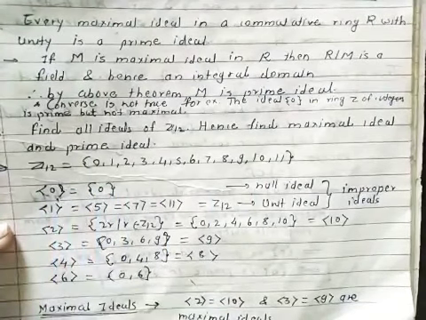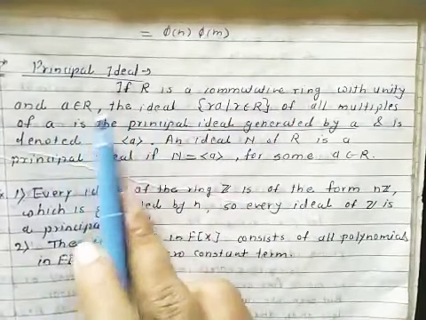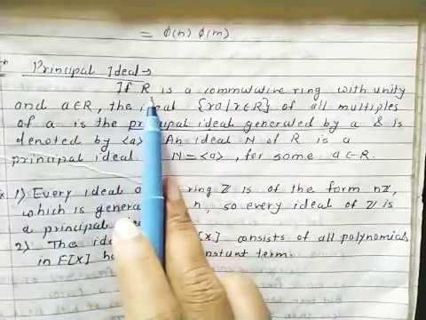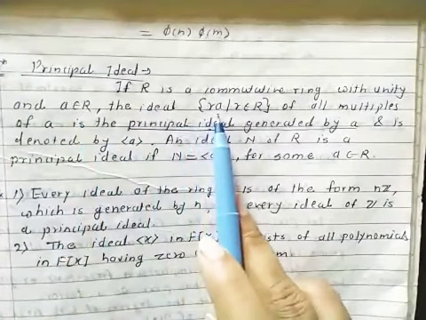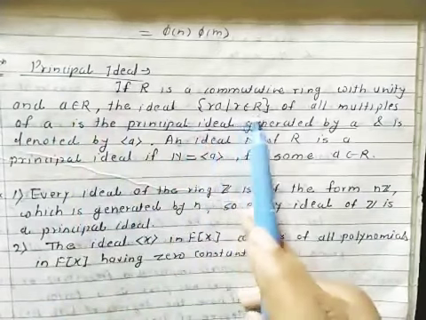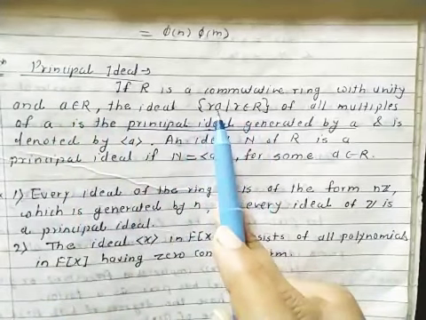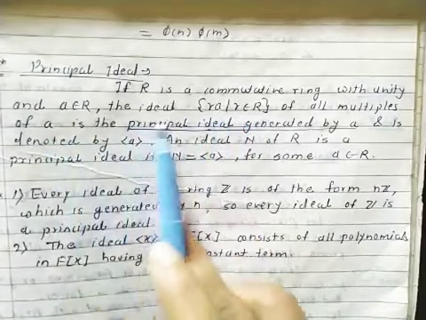So what is a principal ideal? If R is a commutative ring with unity and a is any element of R, then we take the particular element a of R and multiply each element of the ring by a, and we get this set.